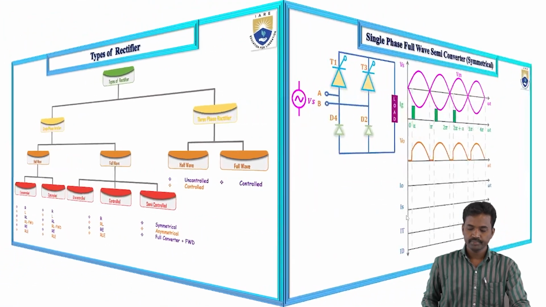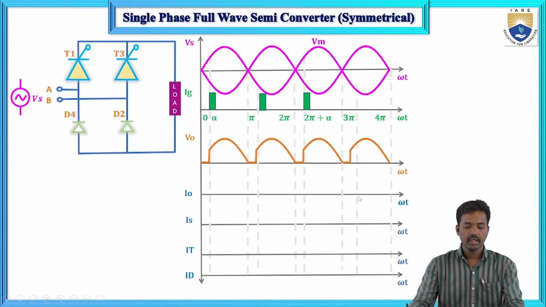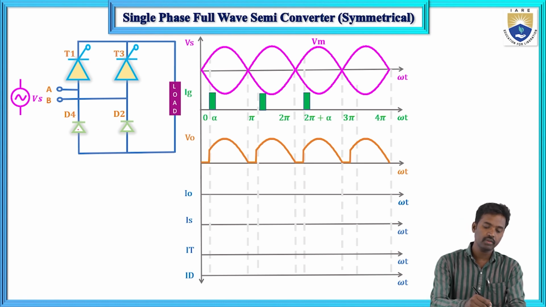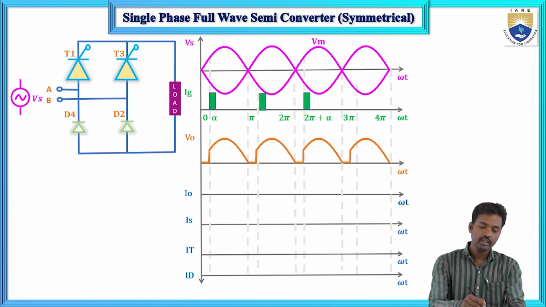This is the diagram for the single phase full wave semi converter. It is symmetrical, and I will explain how. In this circuit diagram we are using two thyristors and two diodes, with only one diode and one thyristor in each leg. So we have T1, D4 and T3, D2.